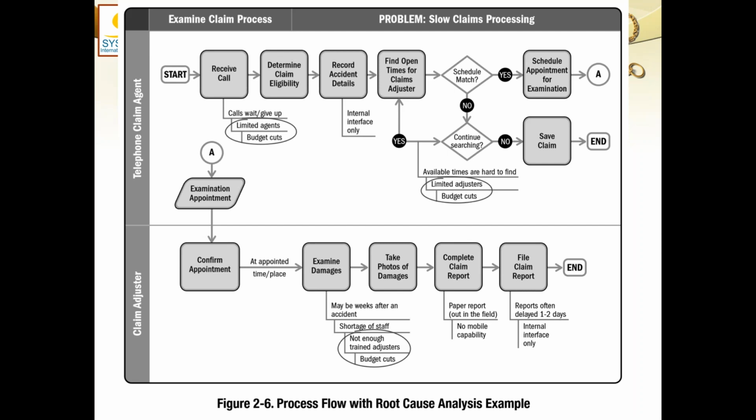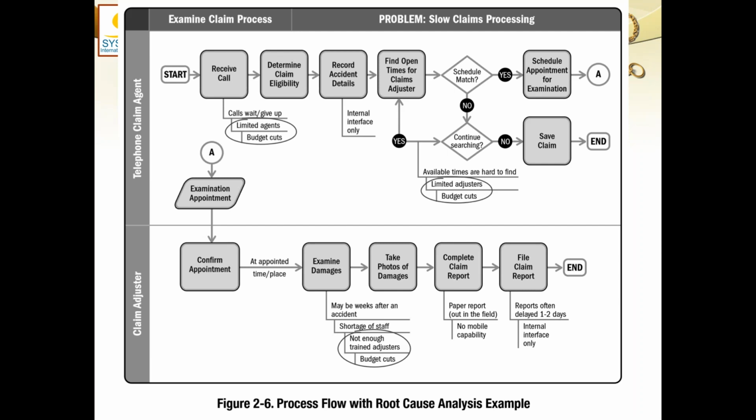He confirms the appointment, and at the time of appointment, time and place, he examines the damages. Once he has done that, he takes the photos of the damages, then he completes the claim report and files the claim report. Now this is the process. Forget about the fishbone created underneath. Simply, first of all, design the process.